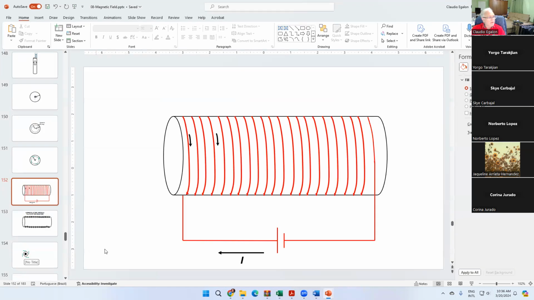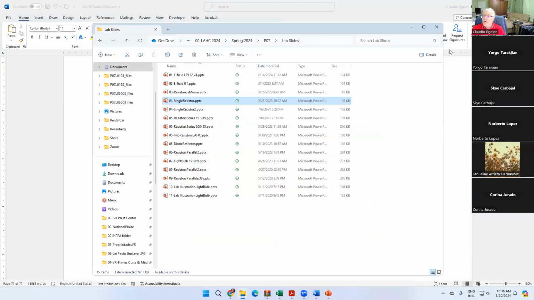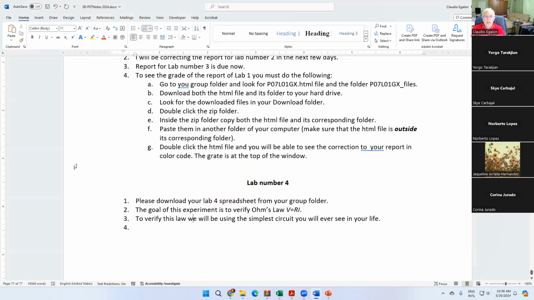So we start with a power supply, your fancy battery, okay?